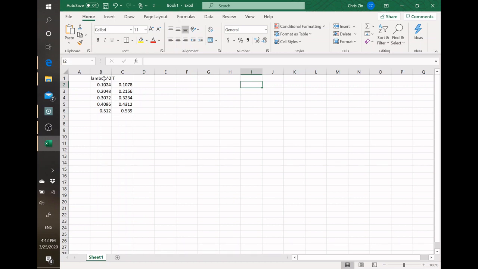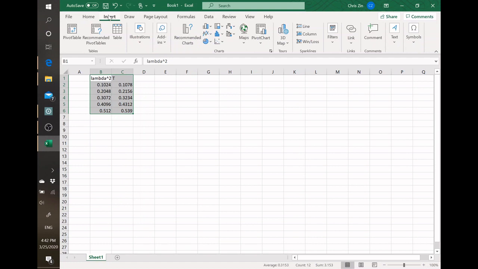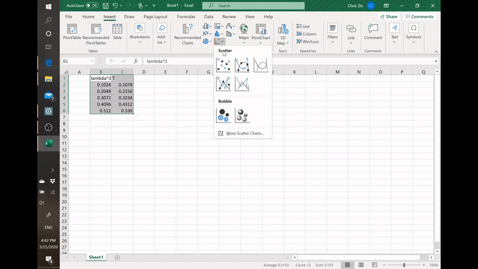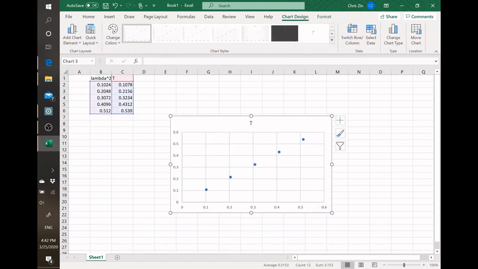I have a lambda squared column, I have a T column, and then I write all of the values below that. The next thing I want to do is highlight all of that data. I want to go to Insert at the top. For the charts, I'm going to insert just a regular scatter chart, and that'll give me this.